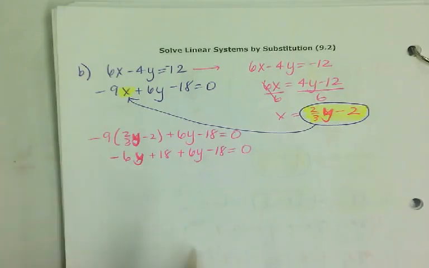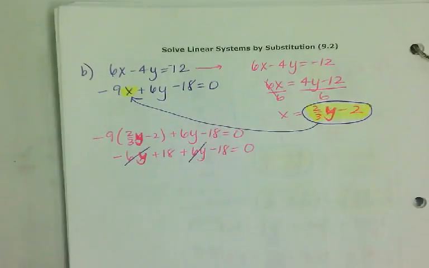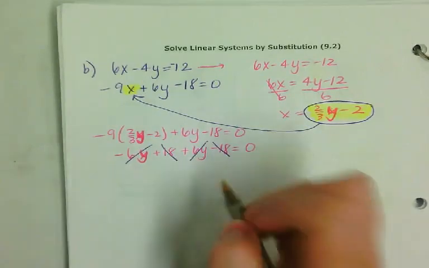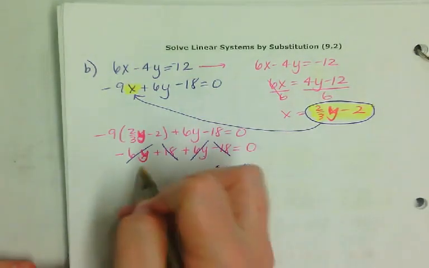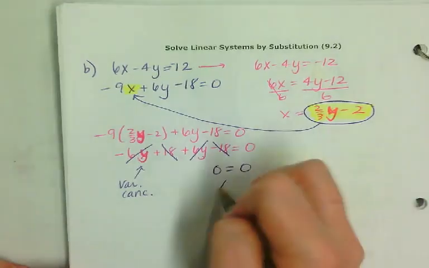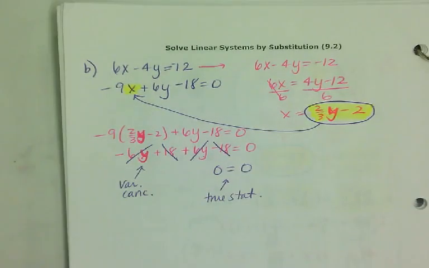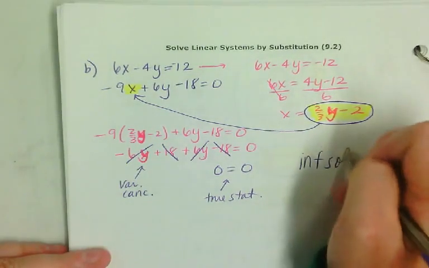Now if you look at this, here's a negative 6y and a positive 6y. They cancel. Here's a positive 18 and a negative 18. They cancel. I end up with 0 equals 0. Well, my variables have canceled. I have a true statement, which means my answer is infinite solutions.